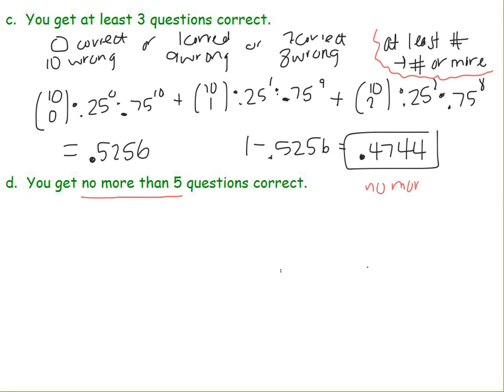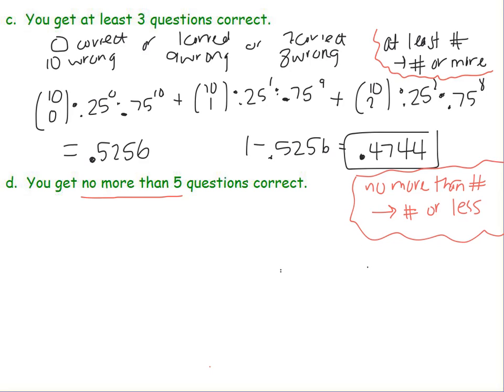No more than a number translates into the number or less. So there's your other little phrase that you will hear pop up a bunch. So no more than 5 means 5 or less.